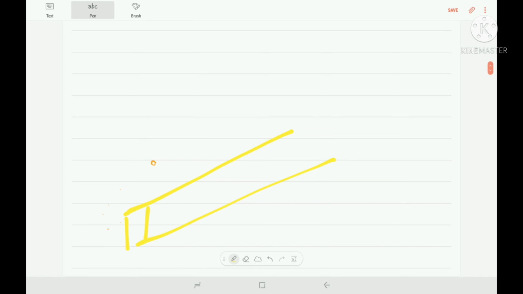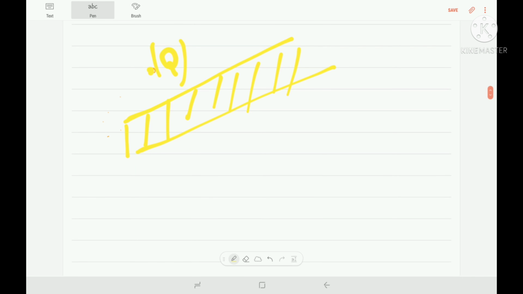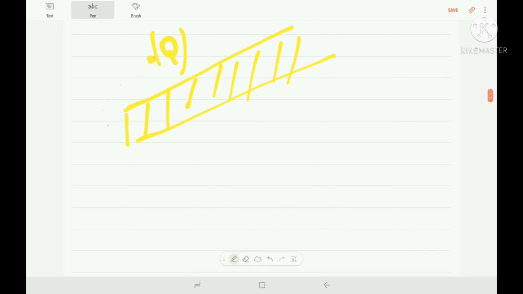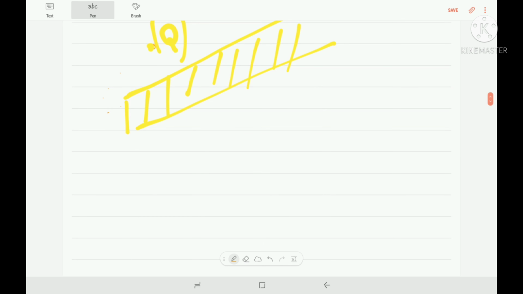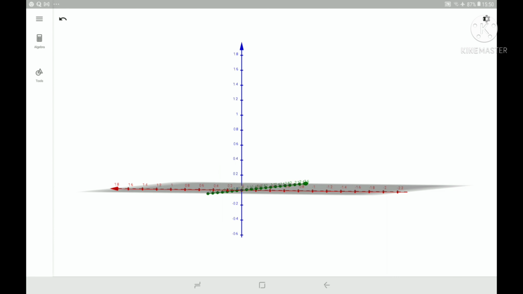So this is our surface, and this is the point charge Q. For that, let's move to Desmos. Before that, let me just clarify what we are going to do. No, let's do that on the 3D calculator.